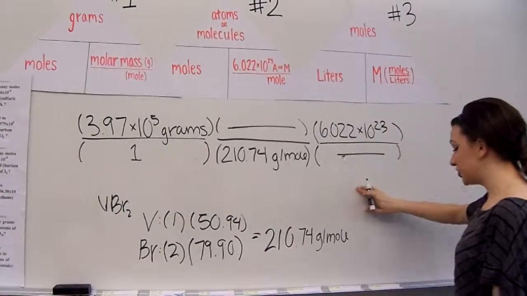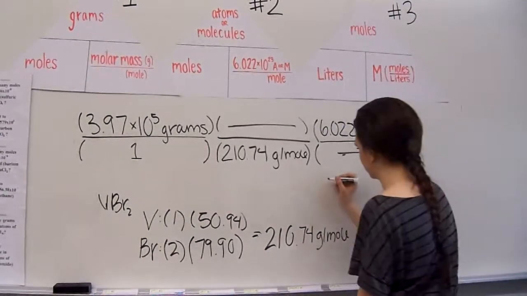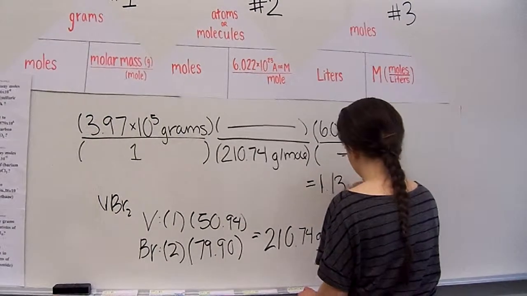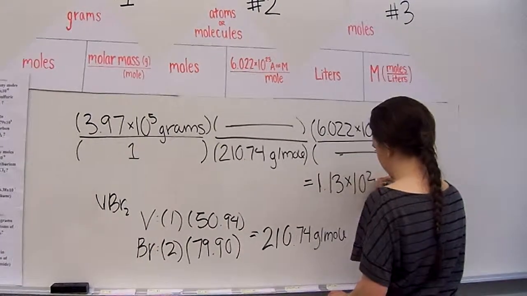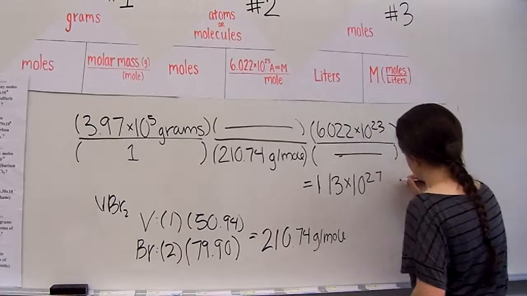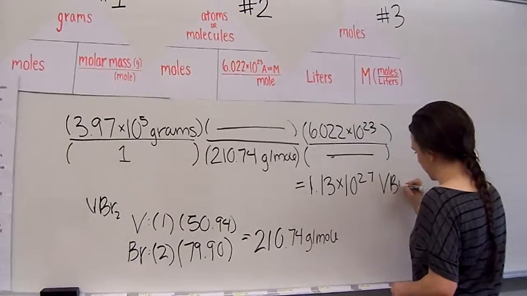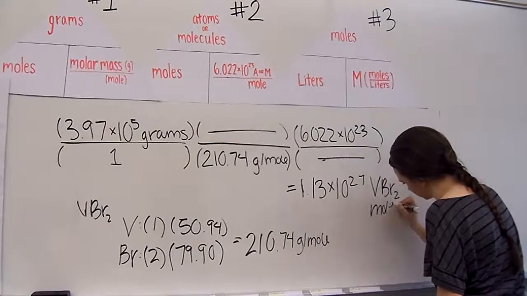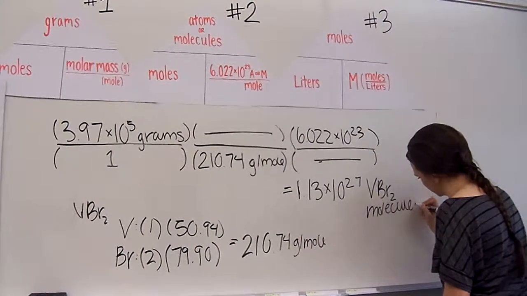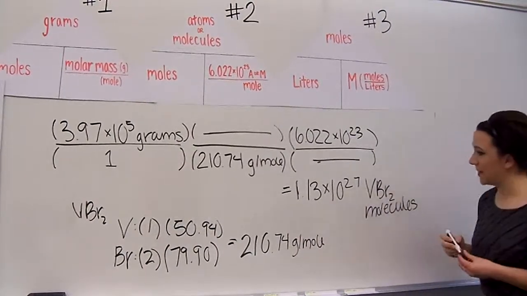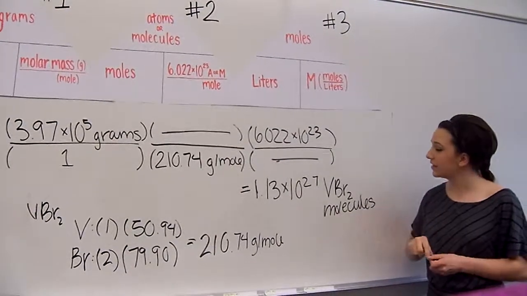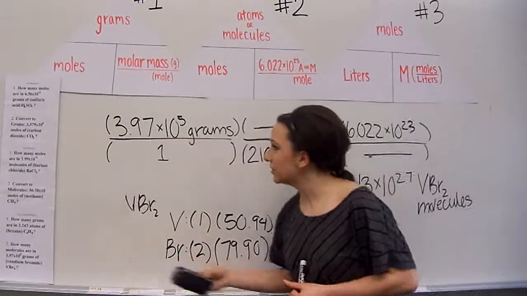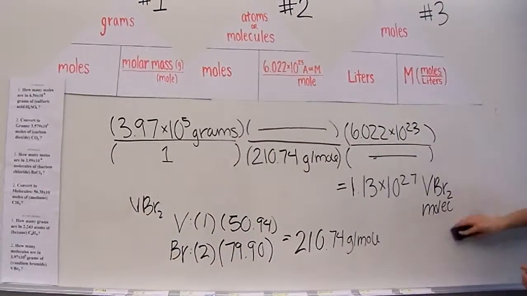Once you multiply that out, you should get 1.13 times 10 to the 27th vanadium bromide molecules, and that will be your final answer. It has all of the necessary parts, so we are finished with that one.